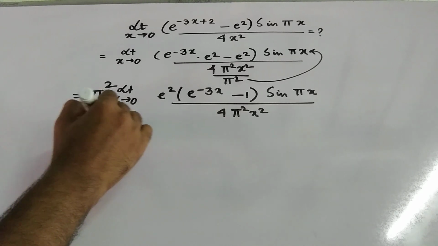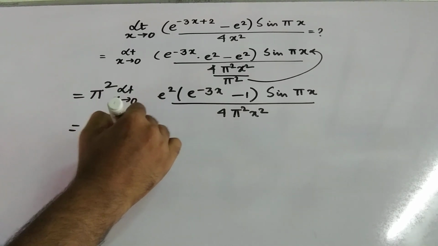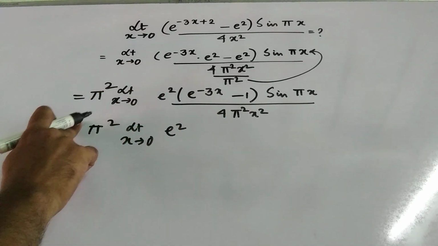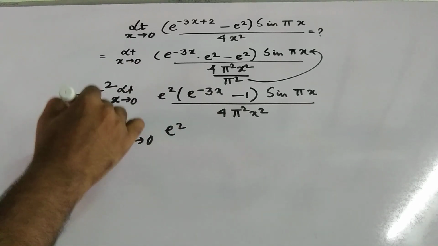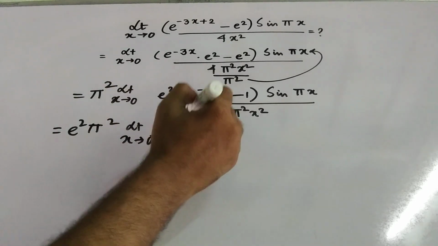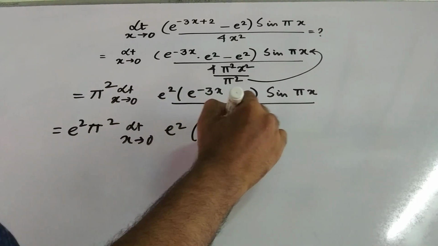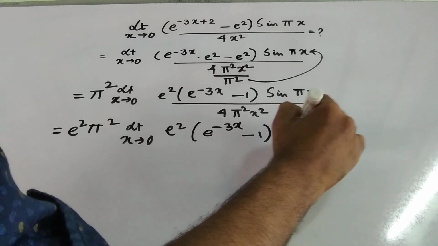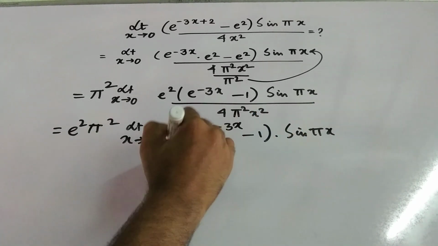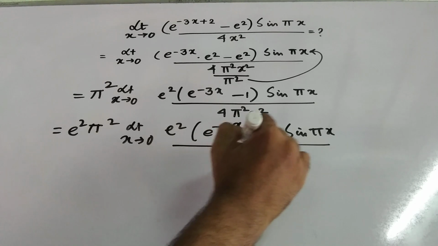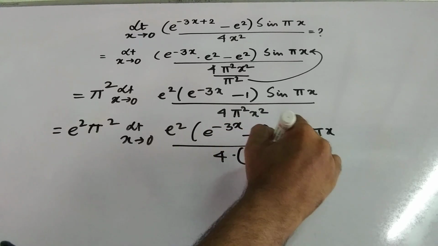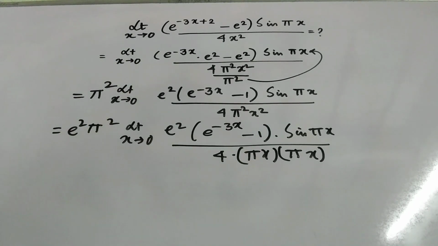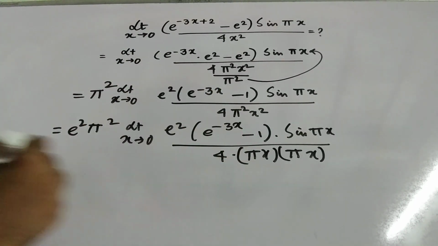So it will be pi square limit x tends to 0 e square. I can also take it common because e square is a constant. So e to the power minus 3x minus 1 into sine pi x divided by 4 into pi x into pi x, right? Pi square x square, I have written it this way.